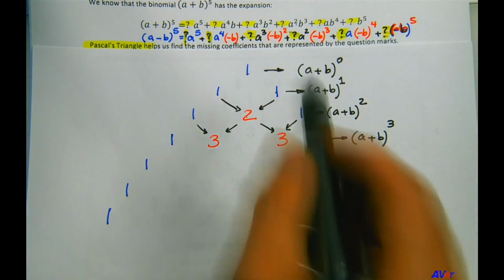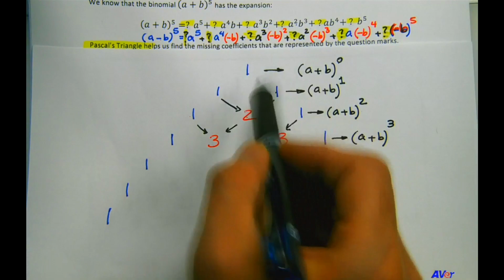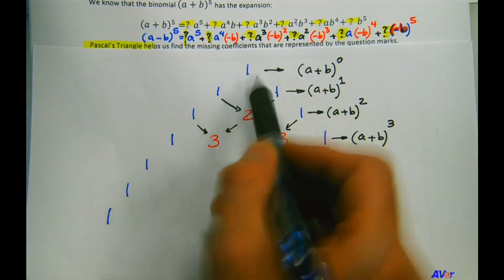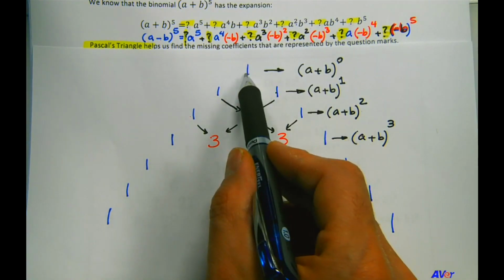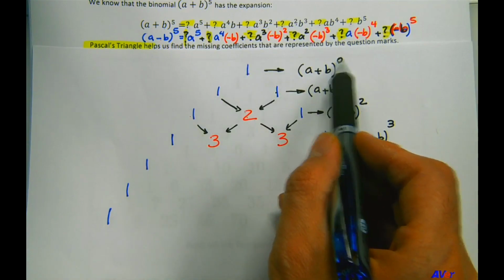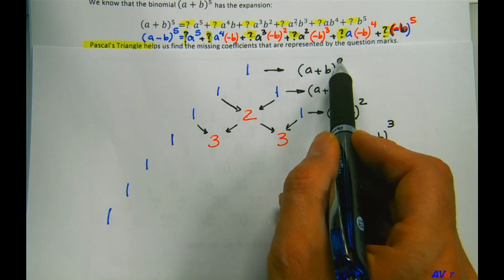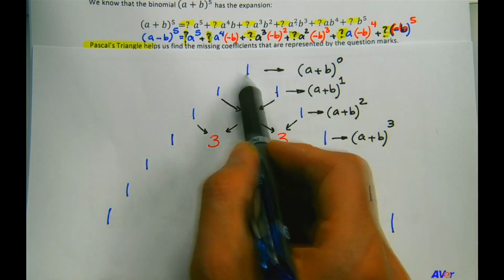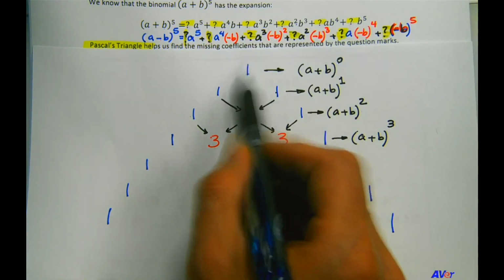One thing I want you to notice: the number of terms is always one more than the power. So if the power of the binomial is 0, how many terms do you have? 1. And the coefficient of it is just 1.